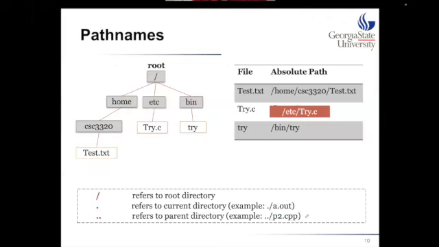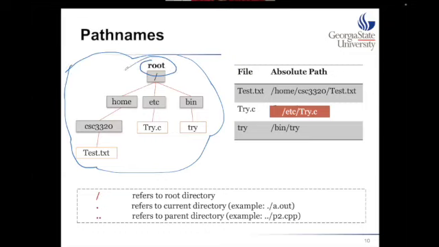Let's see another example, then we will show it on our terminal. Imagine that this is your computer system. Your computer system has a root directory, as you can see here. Under this root directory, let's say you have 3 directories: home, etc, and bin, right?